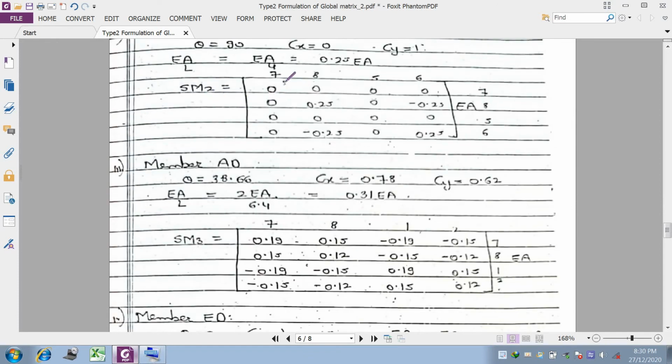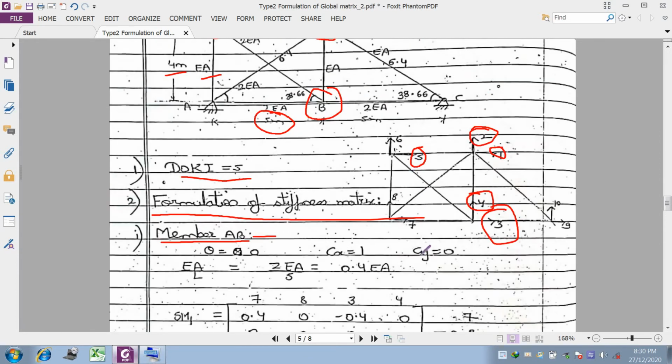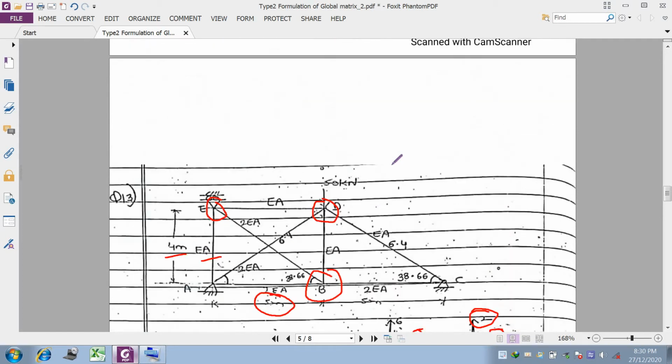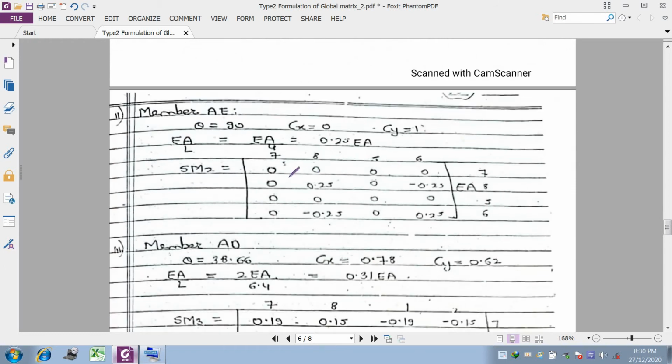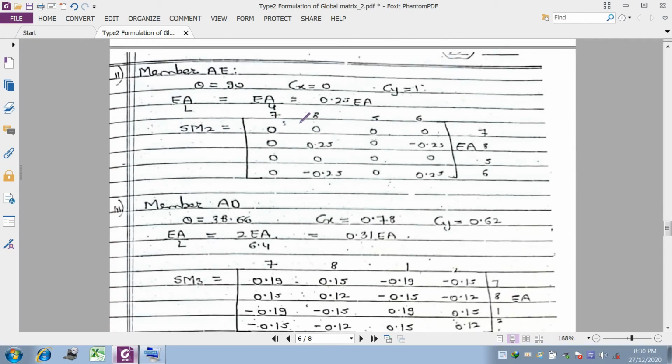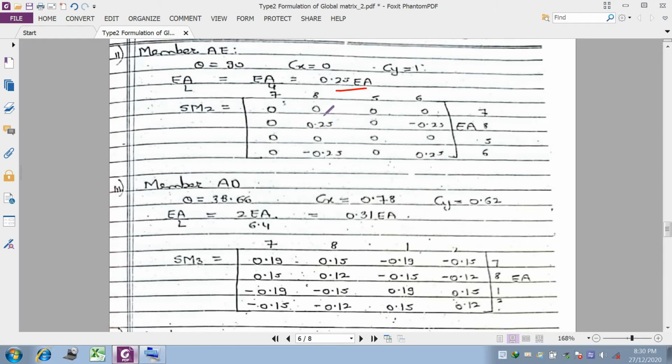So SM2 will have the coordinates 7856, as the coordinates are 78 at A and 56 at E. We have to provide 7856 on the row side as well as the column side, and we have the value of 0.25 EA as the value of EA by L. We multiply this 0.25 inside the bracket of the stiffness matrix, and we will get the answer like this.